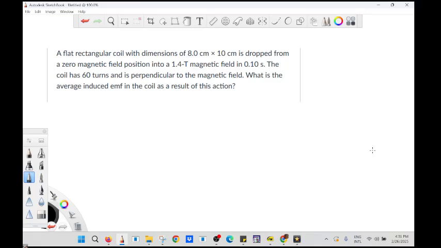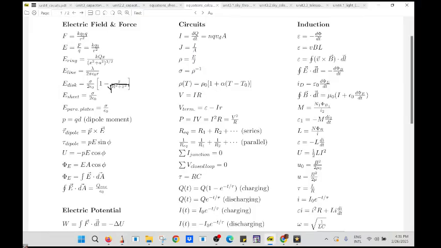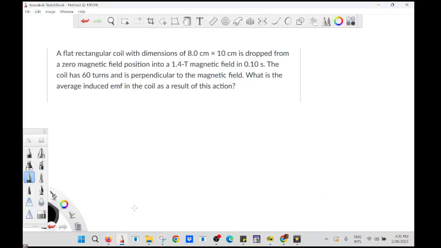Okay, so this one is just for you to use the equation again, the EMF induced when there is a change in the magnetic flux. So you have a coil here which is rectangular and it has 60 turns.